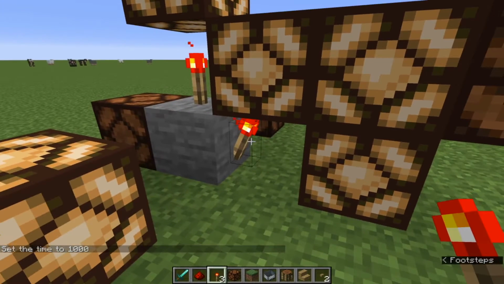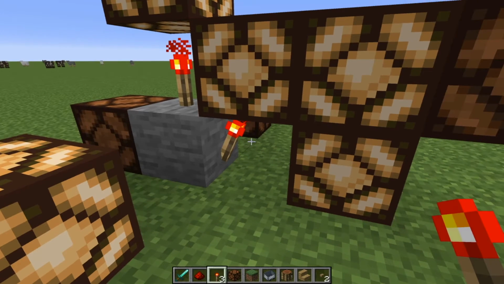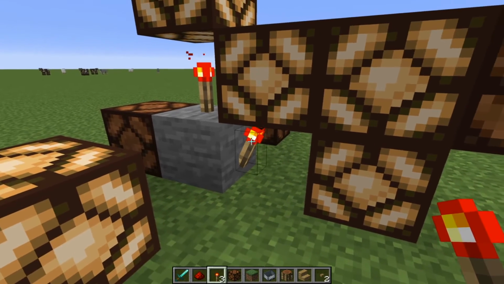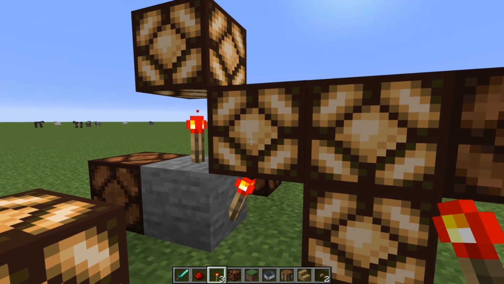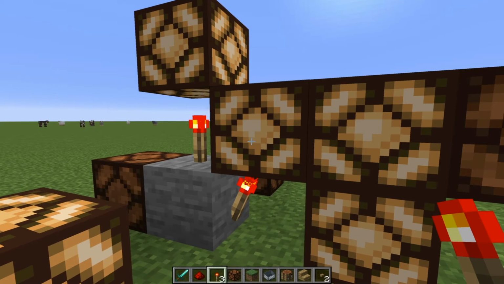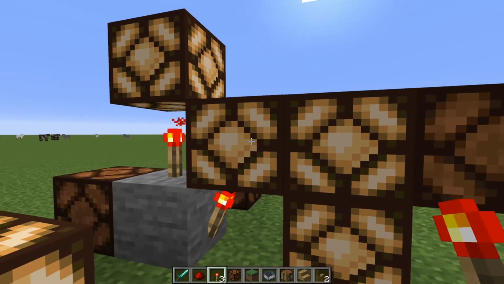Now what are we looking at here? Again, the stone block is the attachment block. We are receiving power from the redstone torch, and it's going to the block directly above. The block directly above this redstone torch is now your power component. You can think about it that way, because it is powering the blocks adjacent to it.